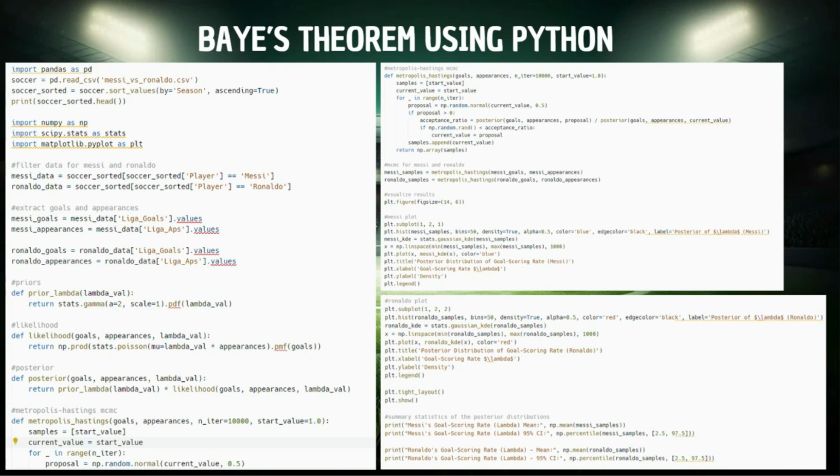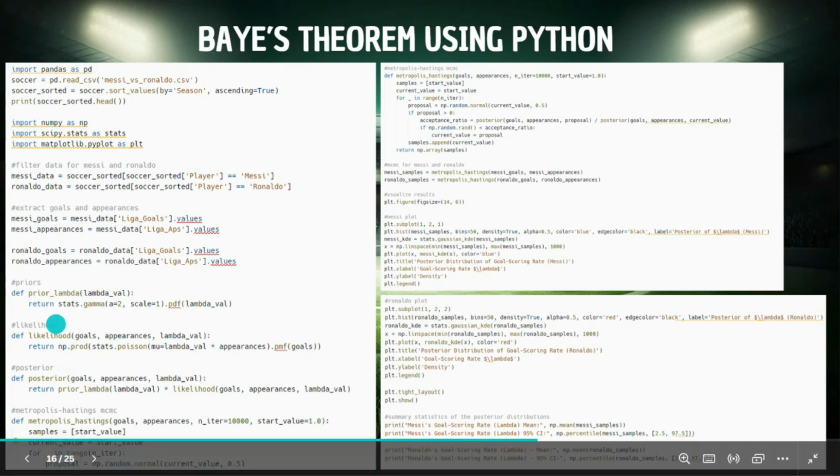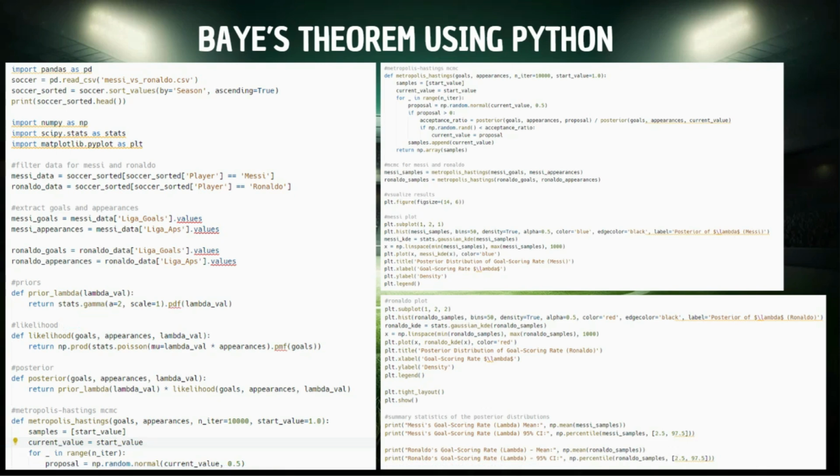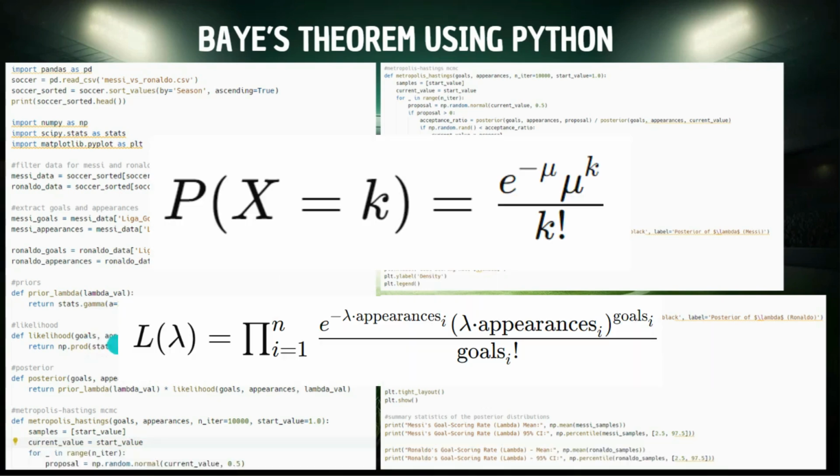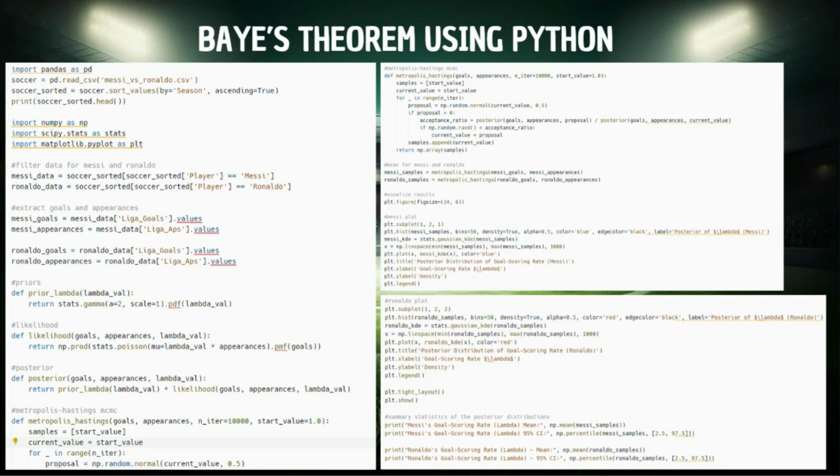And the likelihood function in my code represents the probability of observing the data given a specific value of the goal scoring rate lambda, and the likelihood is based on the Poisson distribution. So we can see that the Poisson distribution probability mass function, or PMF, for a given number of goals k and the rate mu is given by this formula, where mu is given by lambda times appearances, where lambda is the goal scoring rate per appearance, and the likelihood function calculates the product of these probabilities for all observed goals and appearances.